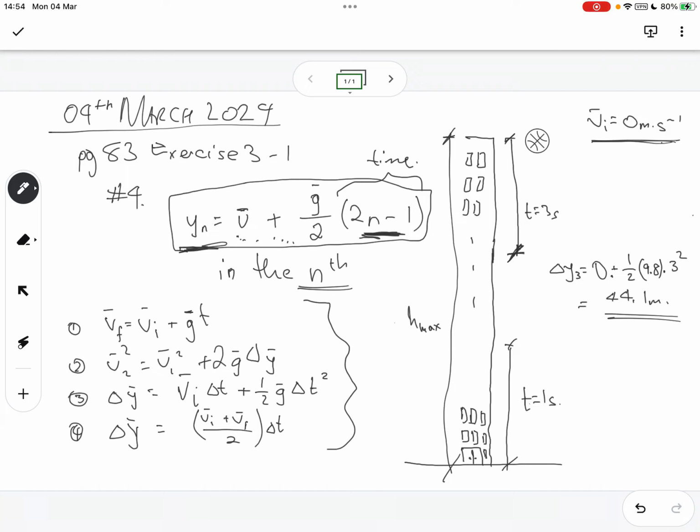Velocity equals displacement over time. We still get 29.4. This becomes our final velocity.